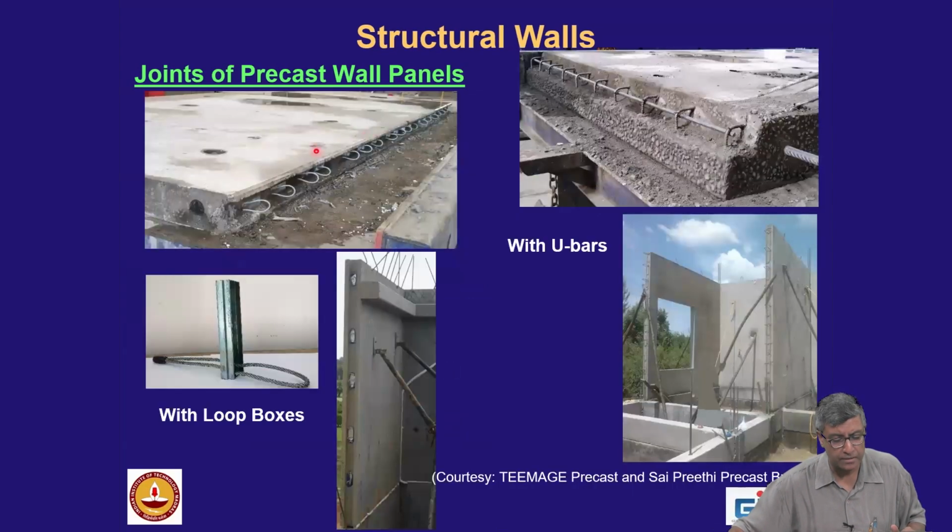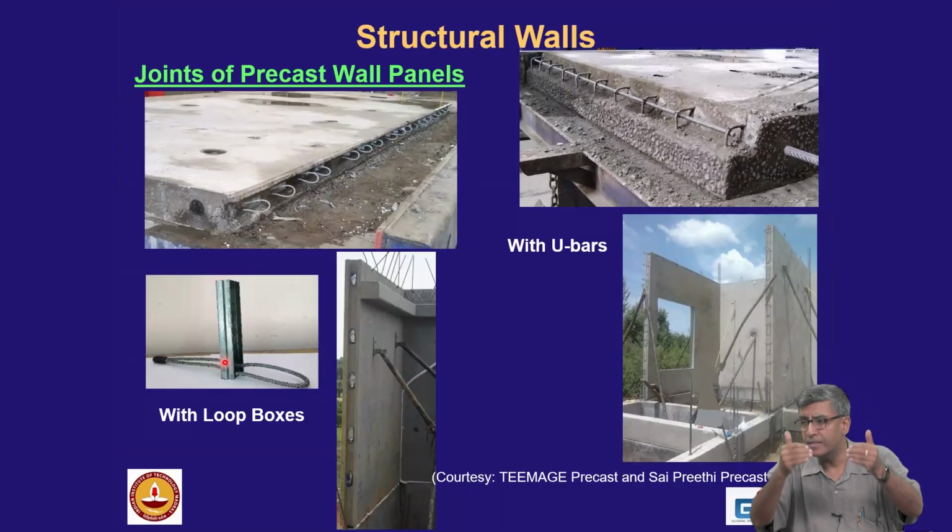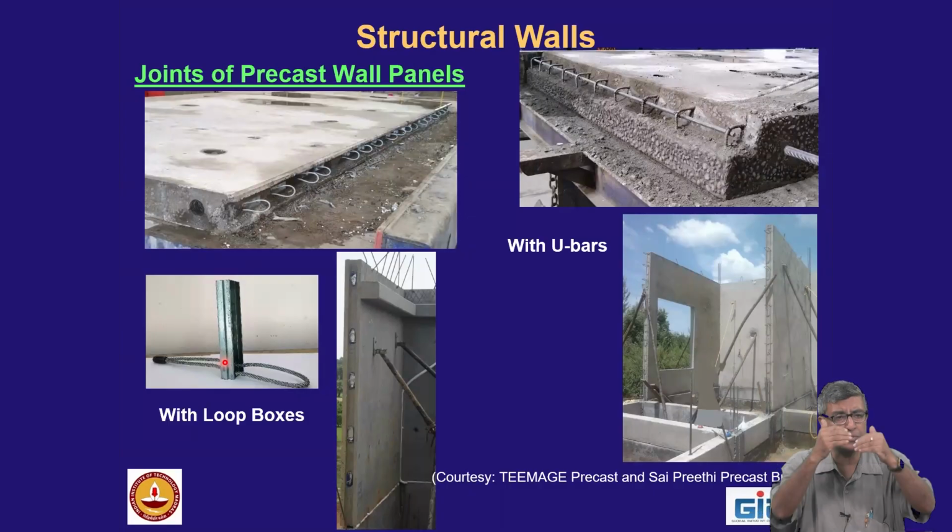Now, this is what I saw in the Timage factory when I went more than 10 years back. These are the loops which are available from the market, and they come in a box. These are flexible wires. You just have to put them on the side of the panels. When the panel is lowered, they do not create any obstruction because they can fold by themselves.